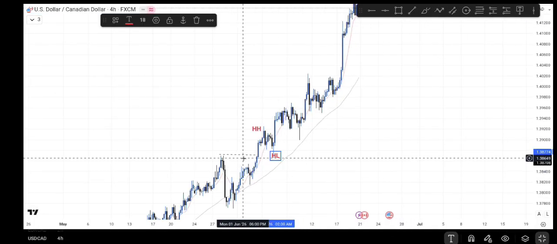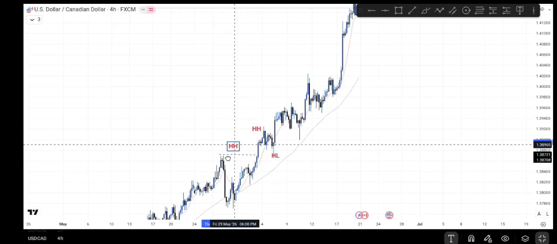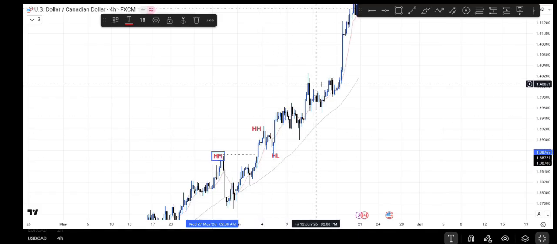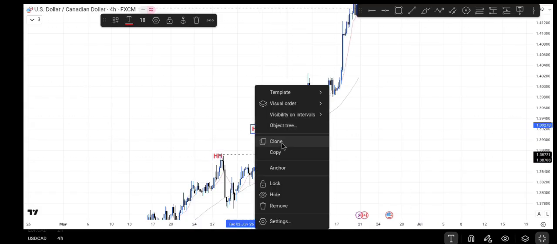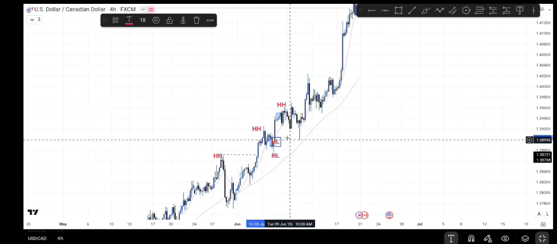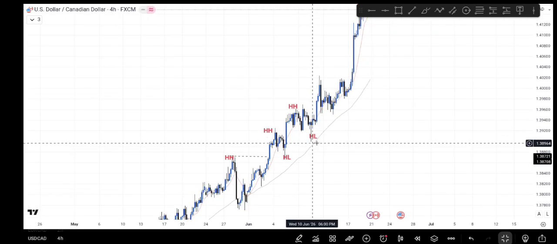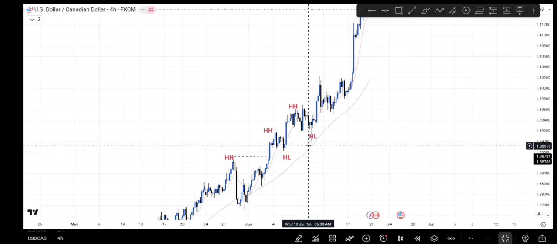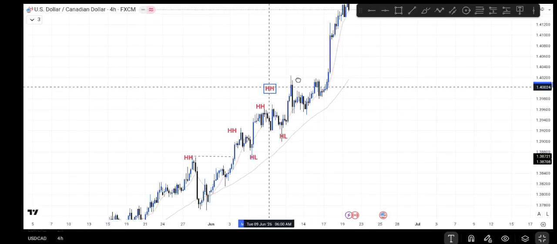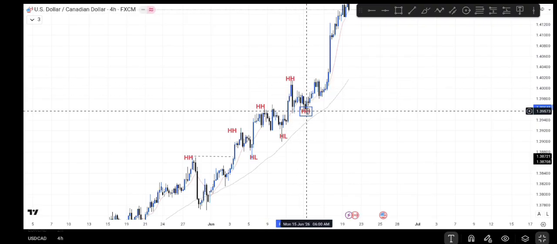Market took out this higher high, came down and made a lower low, and then formed a new higher high, and it retraced to make a new higher low. Understand? So you only want to be taking trades after a new higher low has been formed. This is a new high, and this is a new higher low.